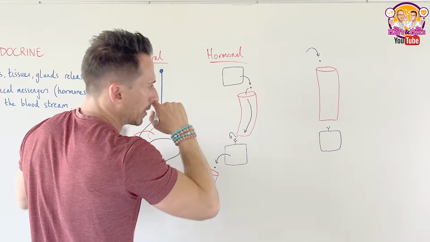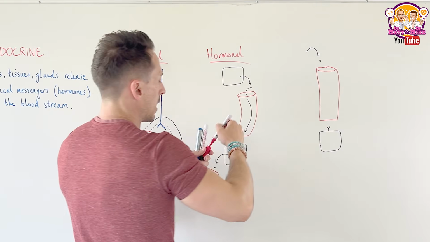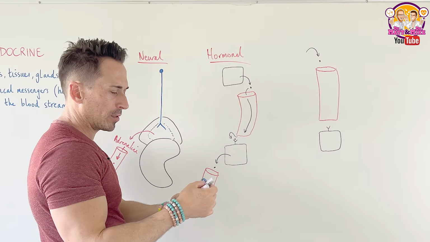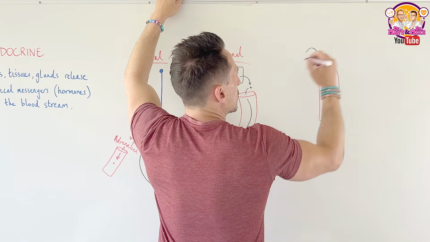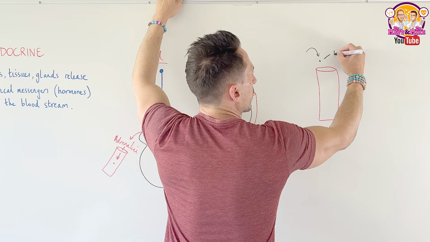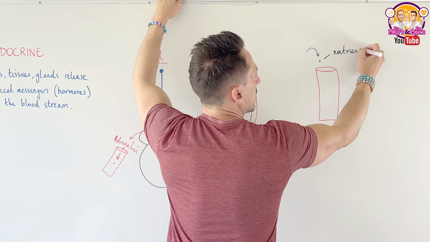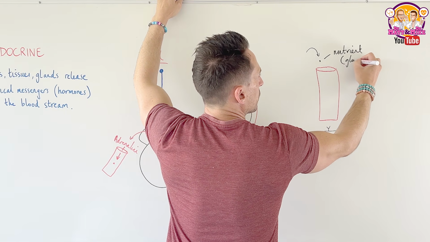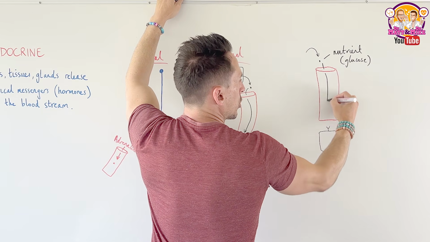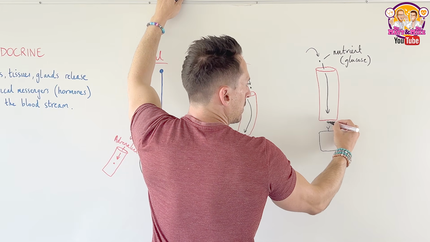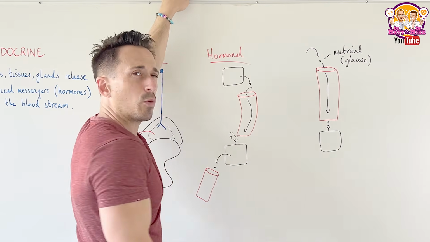And the third one looks very similar. This here can be a nutrient, or a mineral, for example, some substance. So let's just say it's a nutrient, and let's say this nutrient is glucose. And this glucose nutrient is jumping into the bloodstream and binding to, what would glucose bind to?